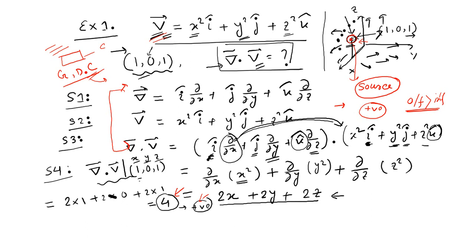Okay, so that's all for the divergence discussion, and in the next video I will discuss the curl of a vector field, its physical meaning and the steps to solve the problem. And later on in 2 to 3 lectures I will discuss all types of problems regarding gradient, divergence and curl. So that's all for the day.